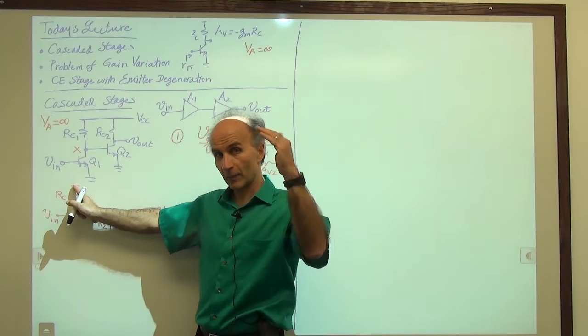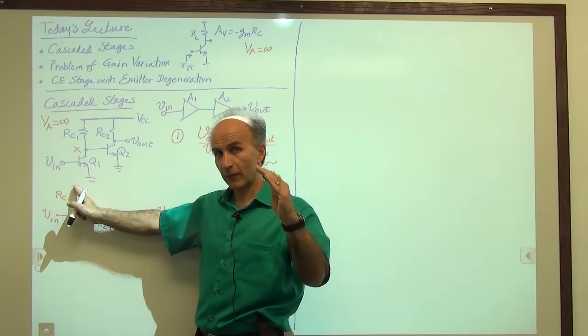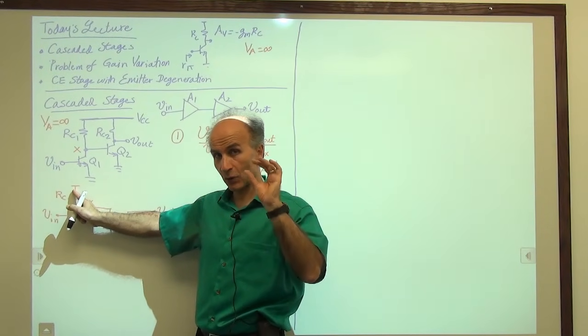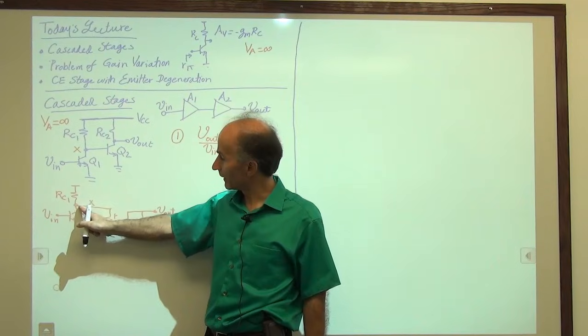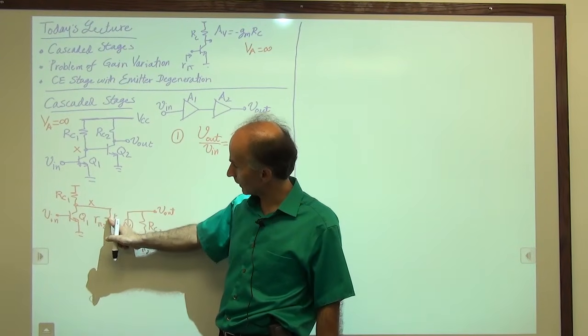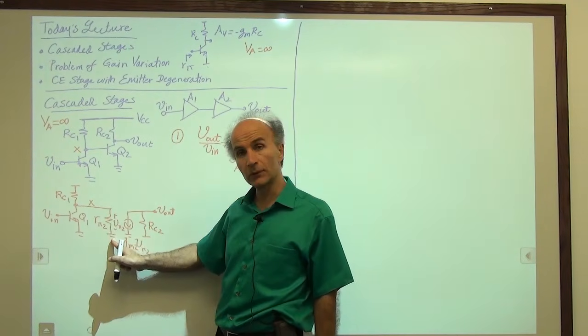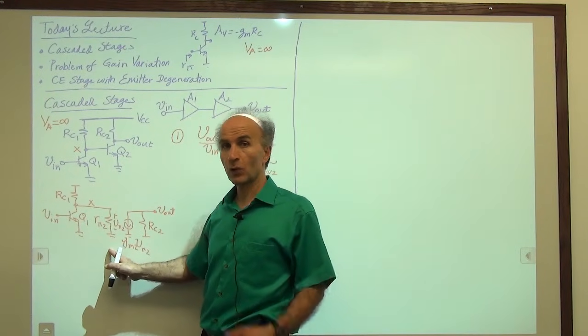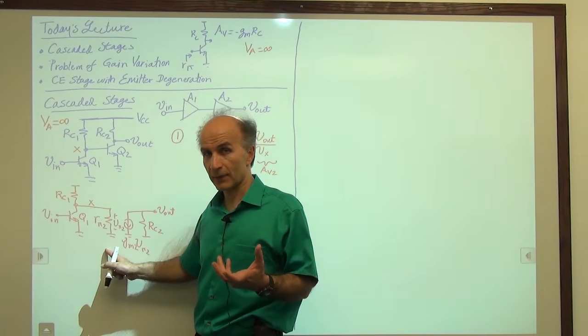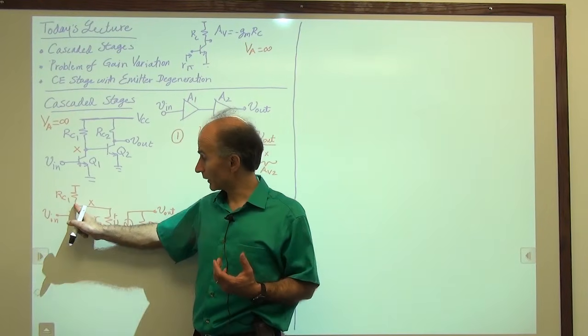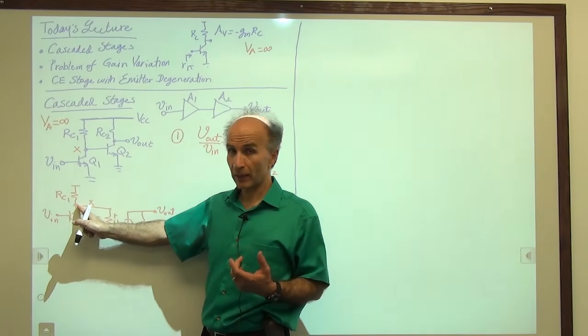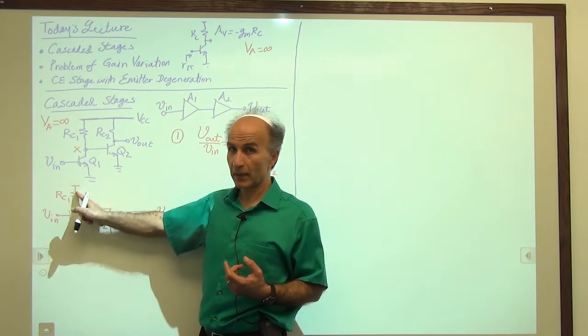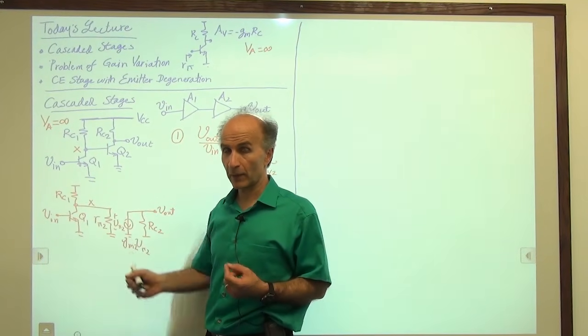Remember that the supply voltage, all constant battery voltages become zero, become a short circuit. And then on this side also, I have R pi 2 to AC ground, or ground. So the total resistance that appears between the collector of Q1 and ground is RC1 in parallel with R pi 2.